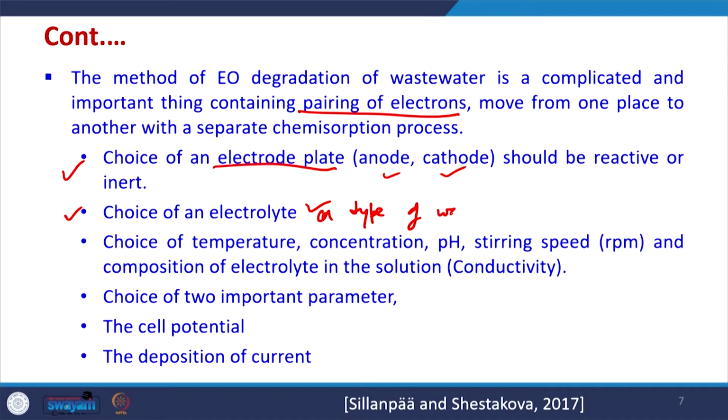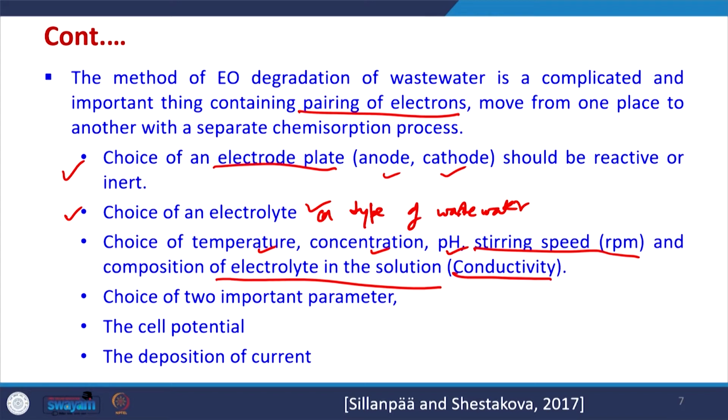Also the choice of temperature, concentration of wastewater pollutants, pH, and the mixing or stirring speed etc. Stirring speed is for batch; it is how quickly the mixing is happening. The composition of electrolyte in the solution is important, and its important property is conductivity.